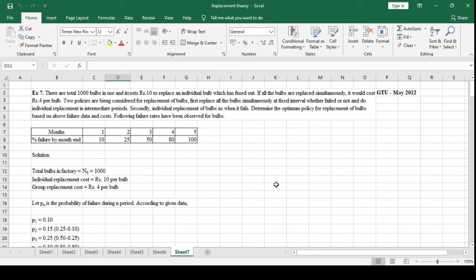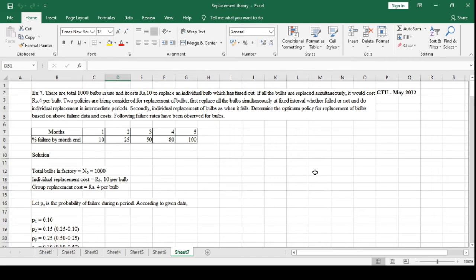There are a total of 1000 bulbs in use, and it costs rupees 10 to replace an individual bulb which has fused out. If all the bulbs are replaced simultaneously, it would cost rupees 4 per bulb. Two policies are being considered for the replacement of bulbs.